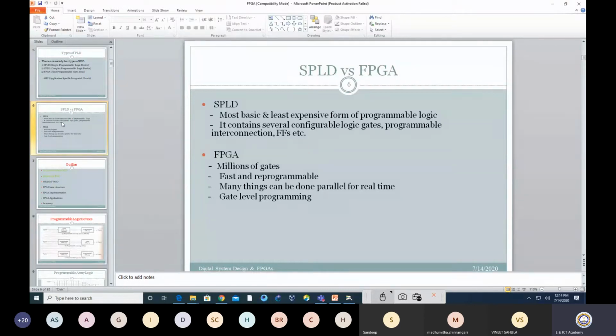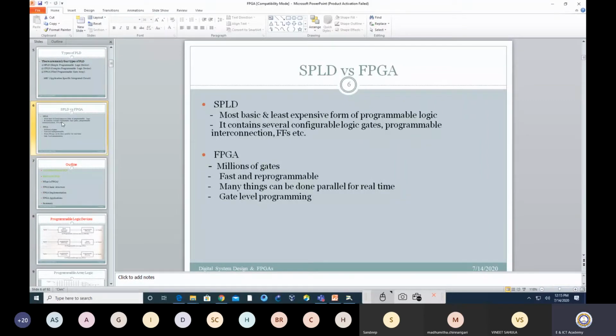It has some logic gates, some interconnects, and some flip-flops. We will see the meaning of this. That is there in an FPGA also, but at a different level.